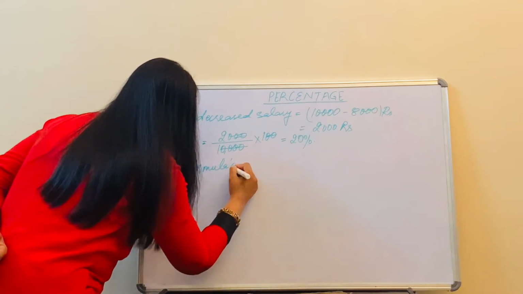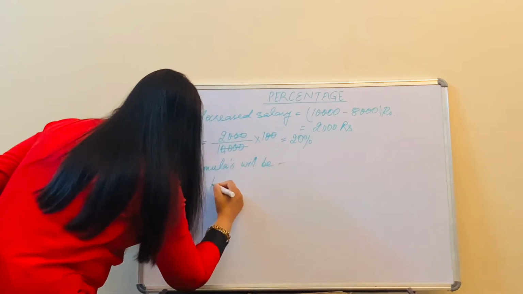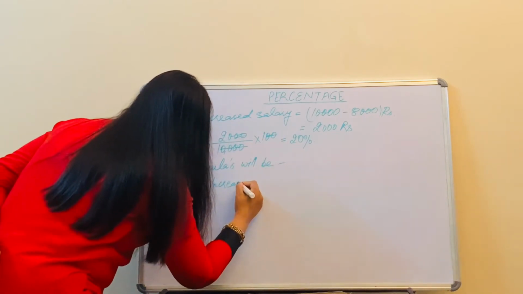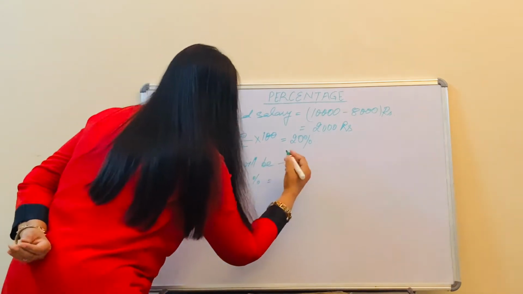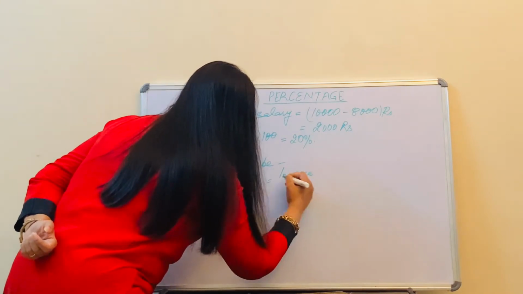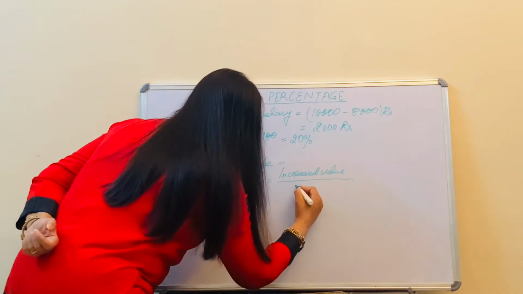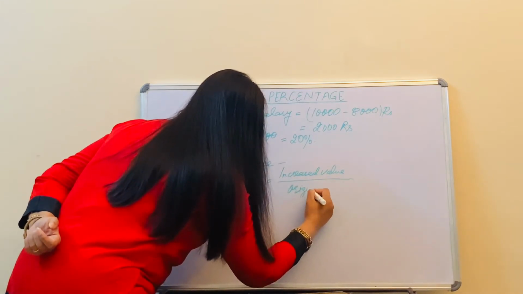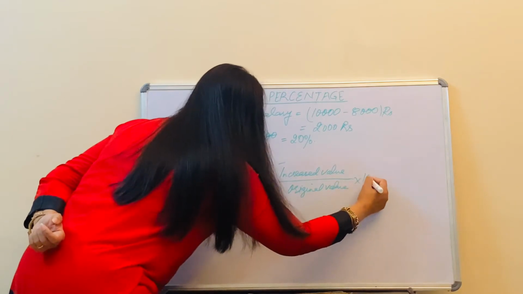So the formulas will be: for increased percentage, we will calculate it as increased value divided by original value into 100.